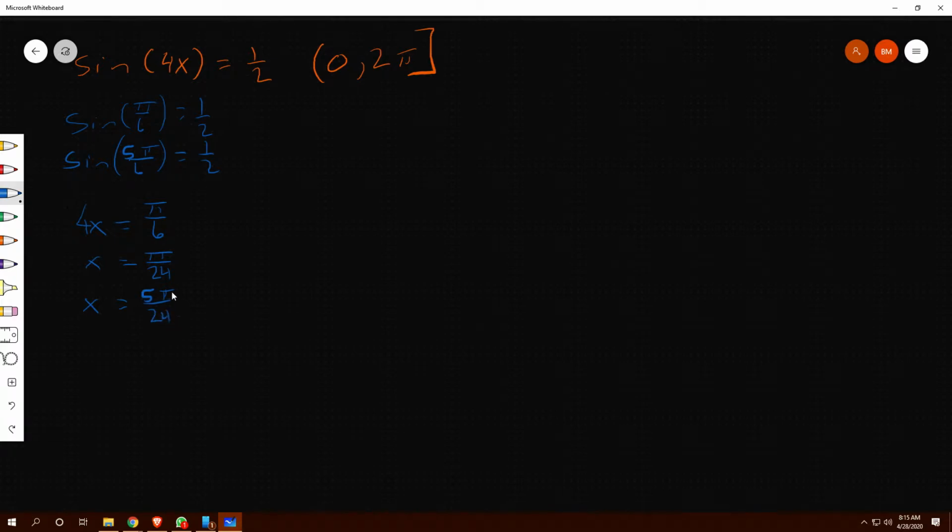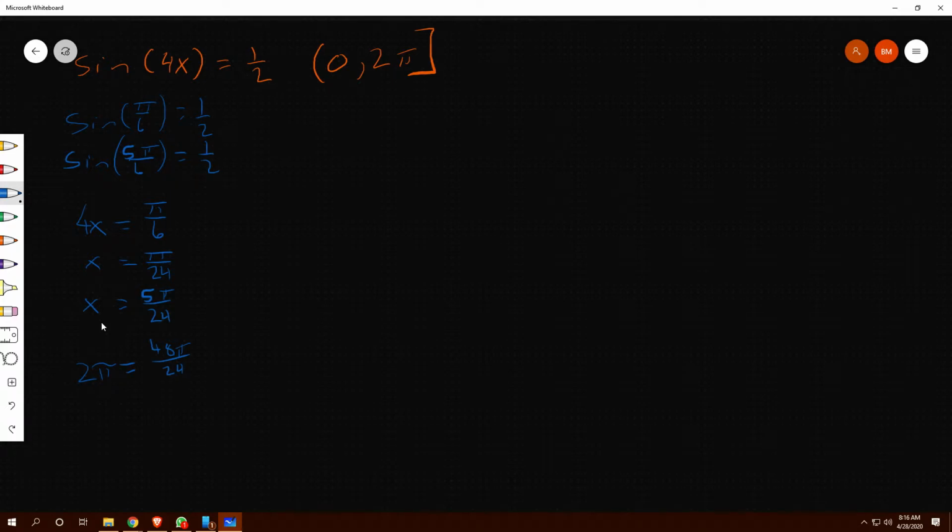Now, what we need to remember is that we're going to 2 pi, but now we have a denominator of 24. So if I have a denominator of 24, what's 2 pi? Well, 2 pi is going to be 48 pi over 24. So any value that is under 48 pi over 24 is within one revolution of the unit circle, so it's within 0 to 2 pi.